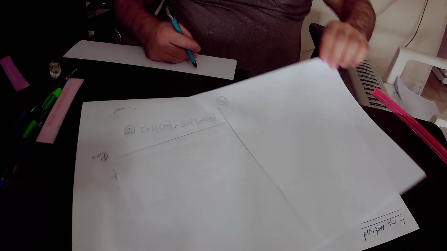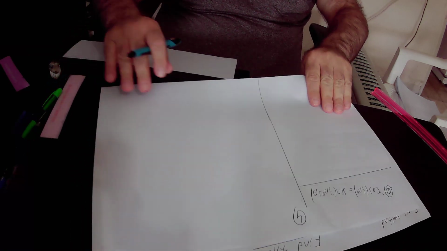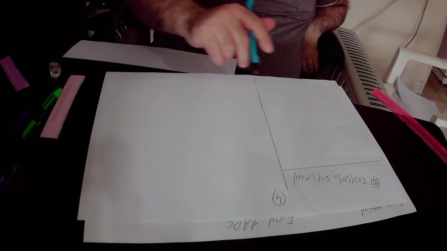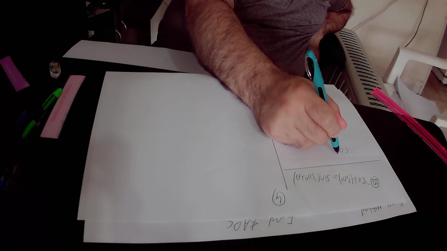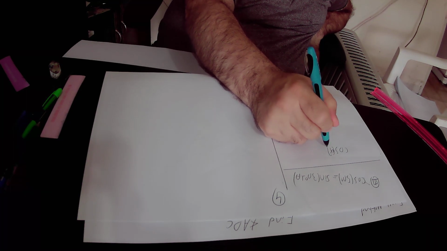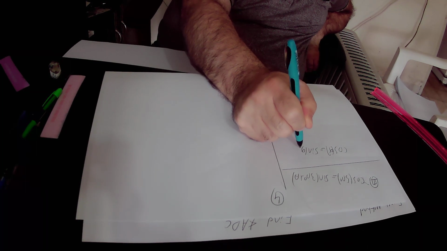Here we will use the trigonometric identity that states that cosine alpha equals sine 90 degrees minus alpha.